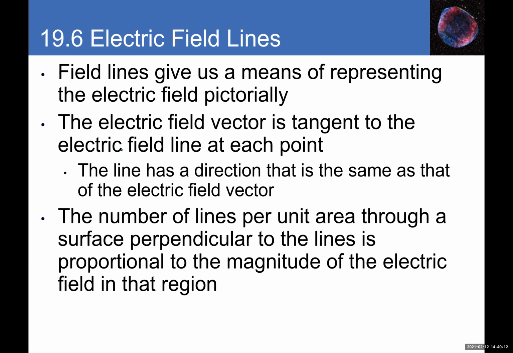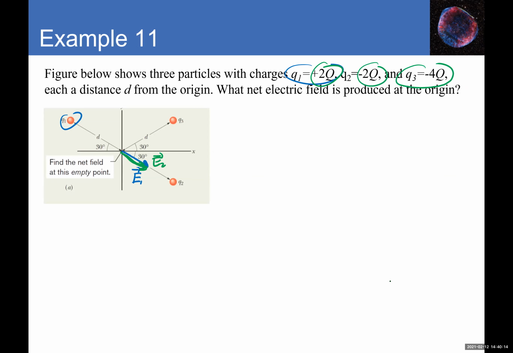Let me use a different color. It's going to be something like that. The reason I have it longer is that it is technically double the strength of E1 and E2. Again, how do I know that? Well, this is 4Q. Remember, the electric field is directly proportional to the charge.